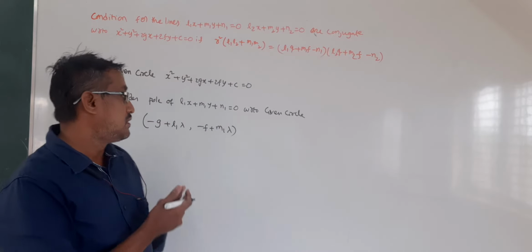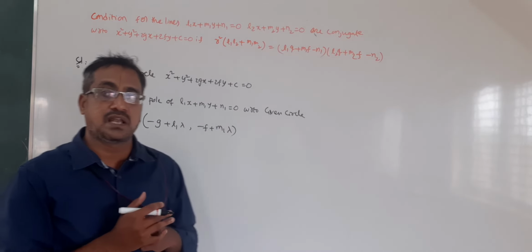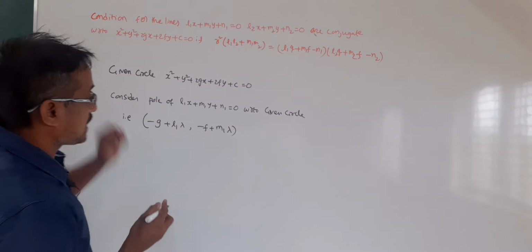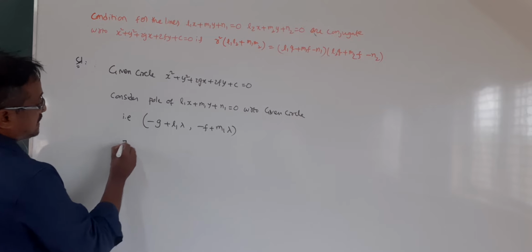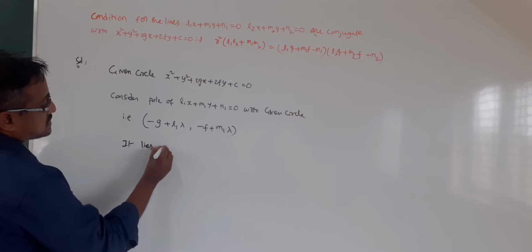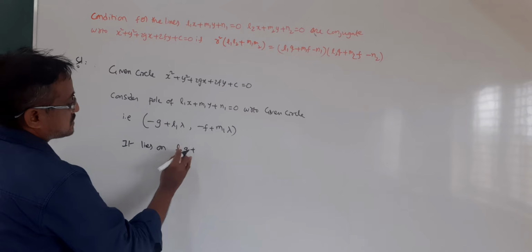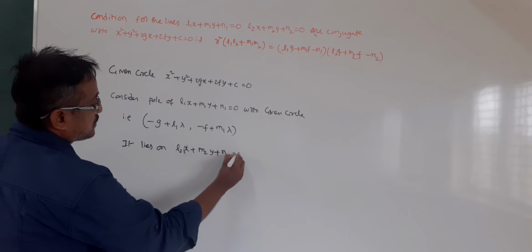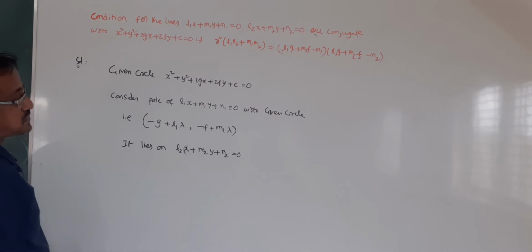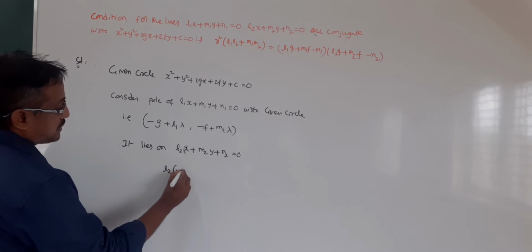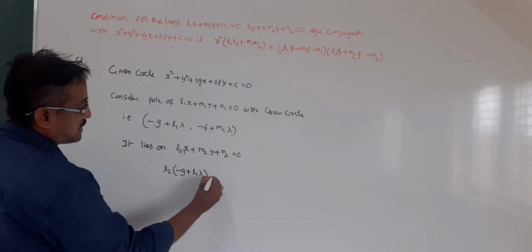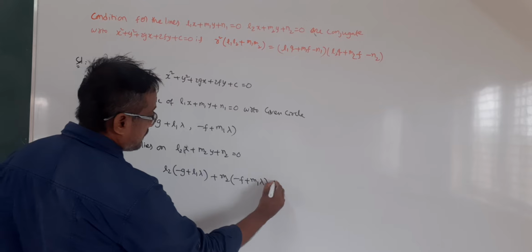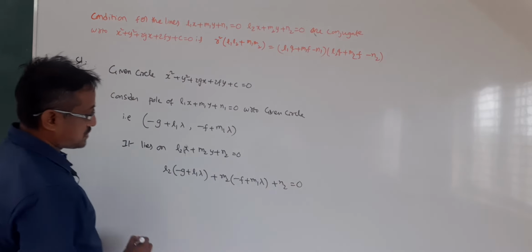Here you have L1, M1 in place of L and M. Now this pole lies on the other line L2x + M2y + N2 = 0. Let us substitute that point. So L2(-g + L1 λ) + M2(-f + M1 λ) + N2 = 0.